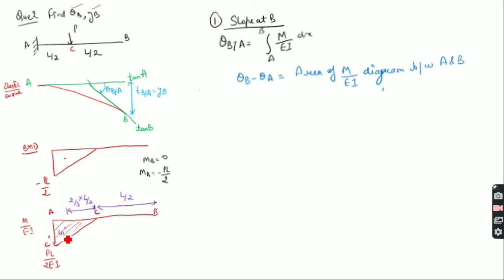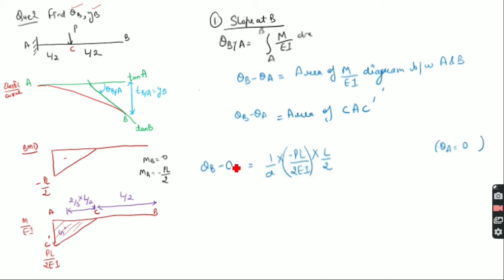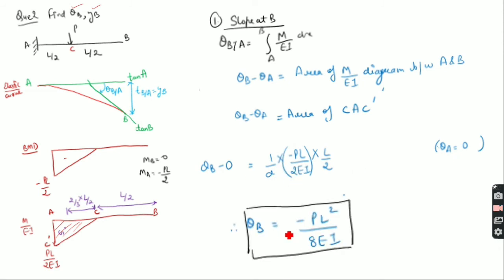So the area of this will be half into this distance, which is L by 2, into this distance AC dash, which is PL by 2EI, right? So it will be area of CAC dash. So theta BA minus theta A will be this, and theta A will be 0. So theta B will be minus PL square by 8EI.